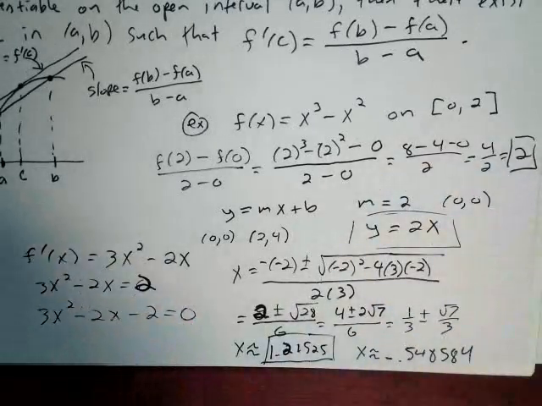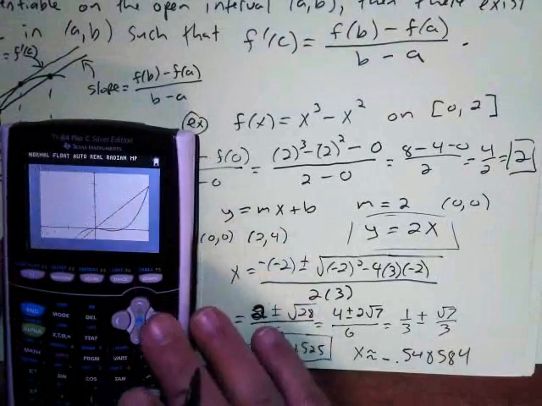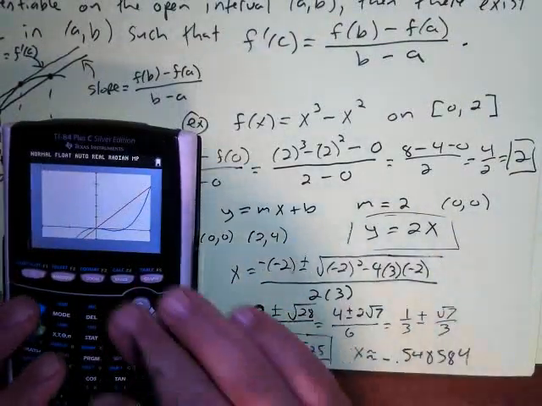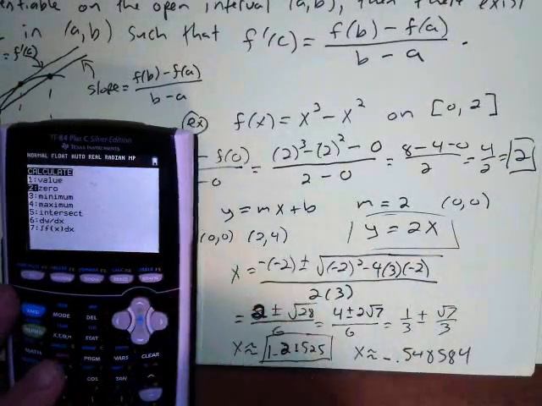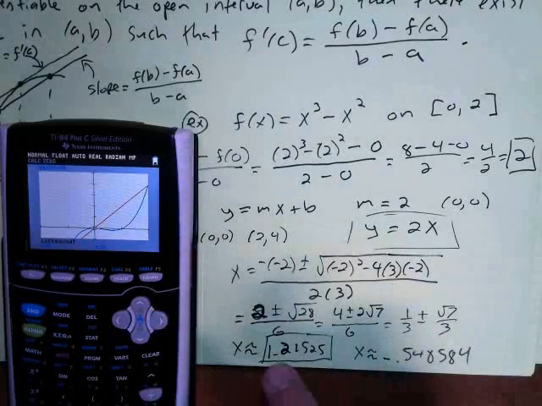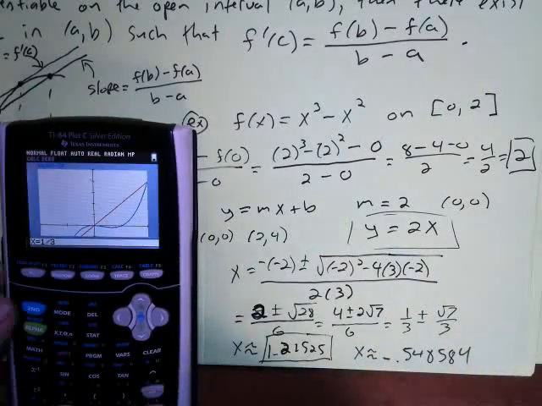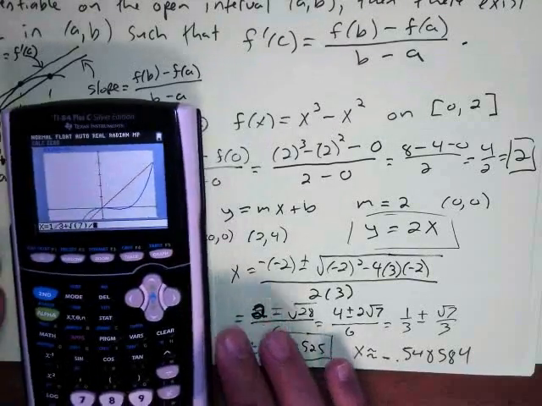And so let's plug it in and find out where it is and see if it's believable. So we'll put in the value. In fact, I can put in the actual value, 1/3 plus square root of 7 divided by 3.